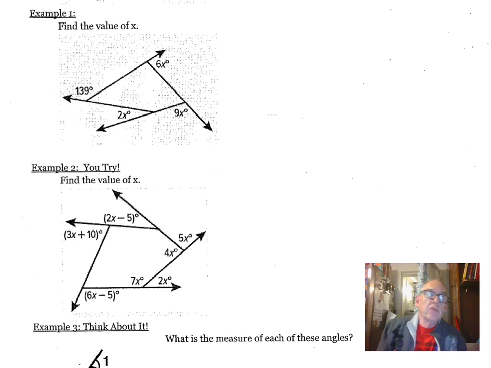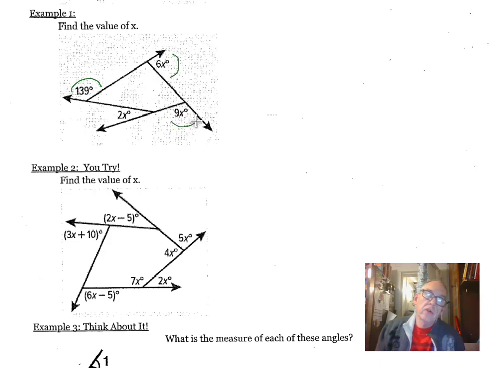So let's look at example 1 here. With example 1, they want us to find the value of x. Let's look and see what we have here. Going around this way, this is an exterior angle. Going around this way, exterior angle.